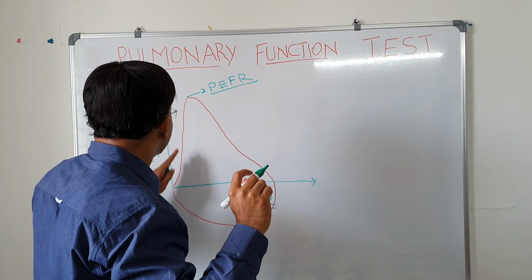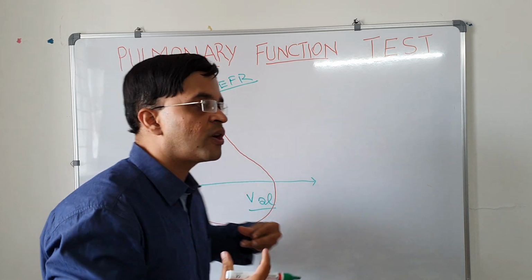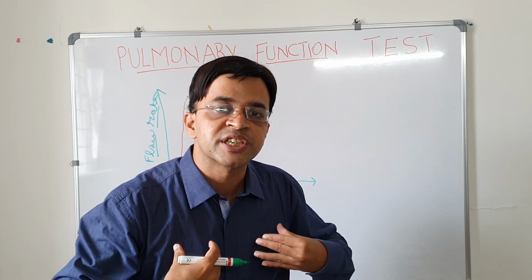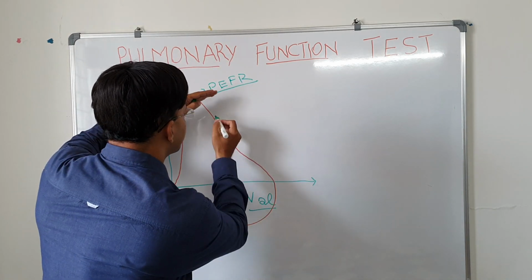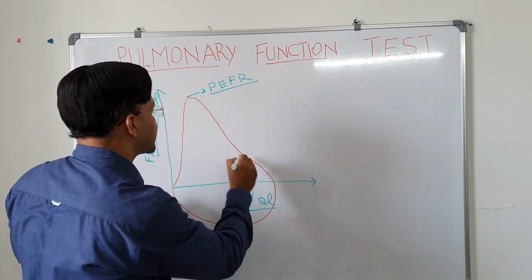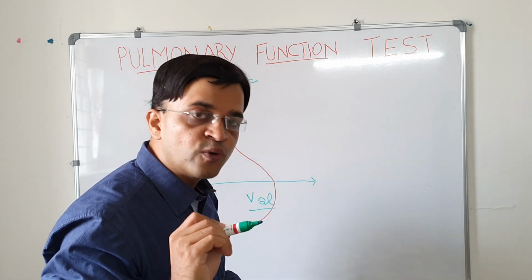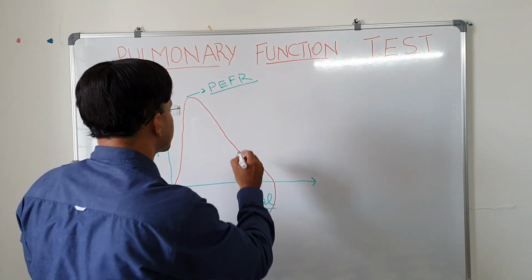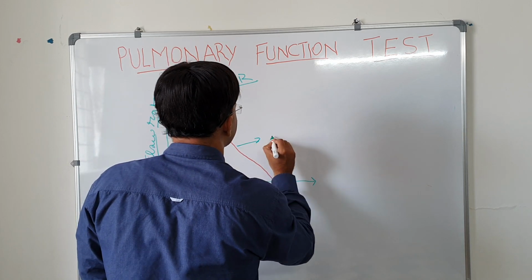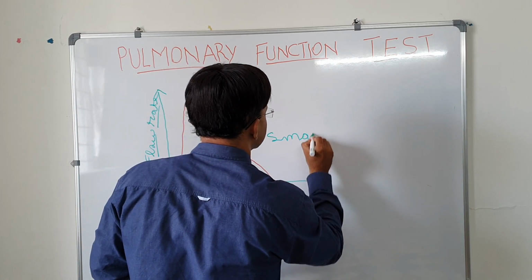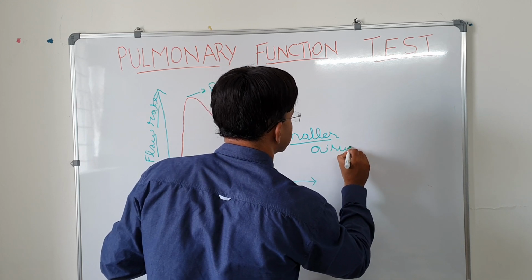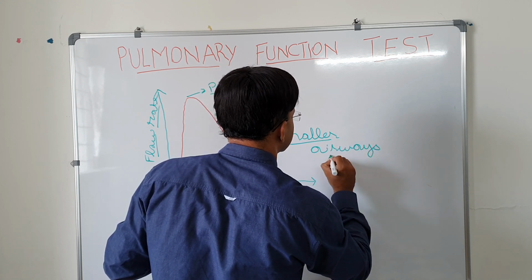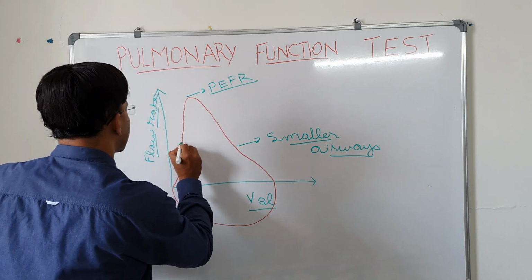When that initial momentum is gone, the air from the smaller airways starts coming. So this portion of the graph represents the flow from the smaller airways. This is from larger airways.